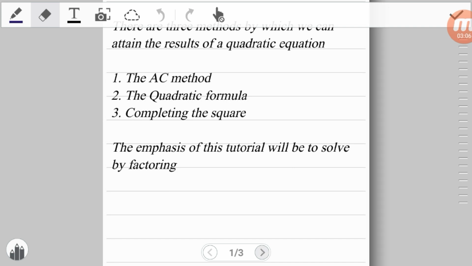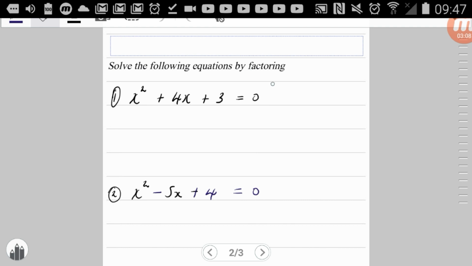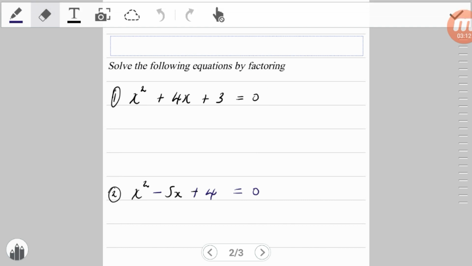Alright, so the emphasis of this particular tutorial is to look at solving the quadratic equation by the factoring method. I have a bunch of questions structured for you, and we're going to be going through about 8 or so examples. Not too difficult, but we're going to look at when the leading coefficient is 1 and when the leading coefficient is greater than 1.